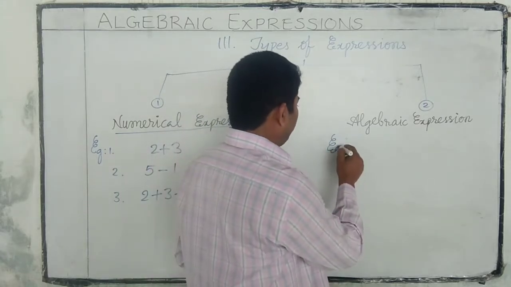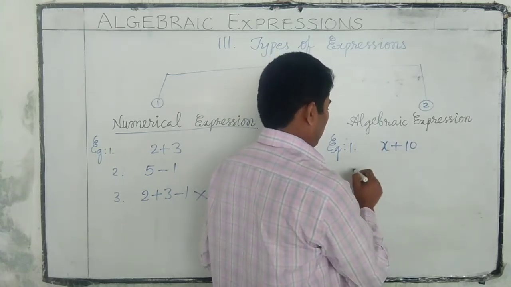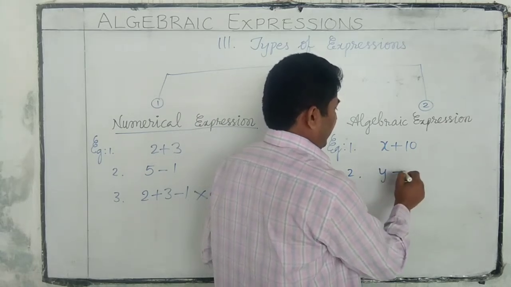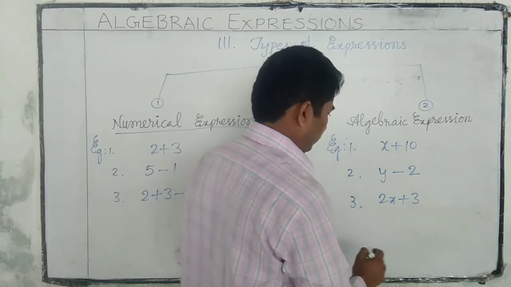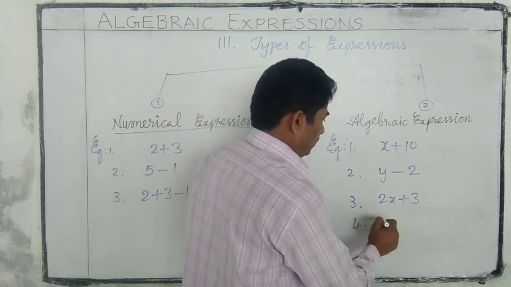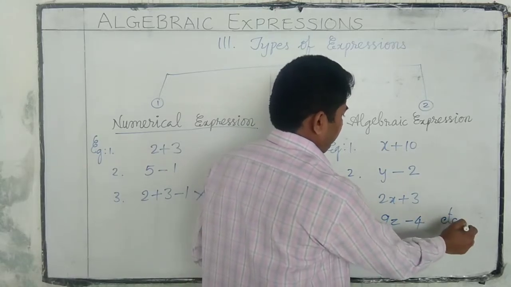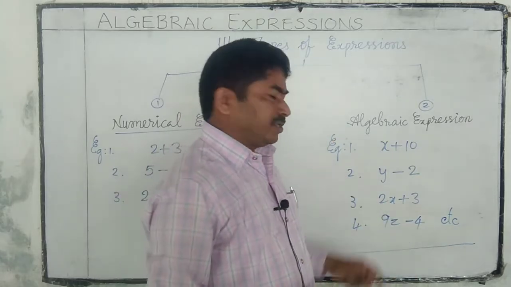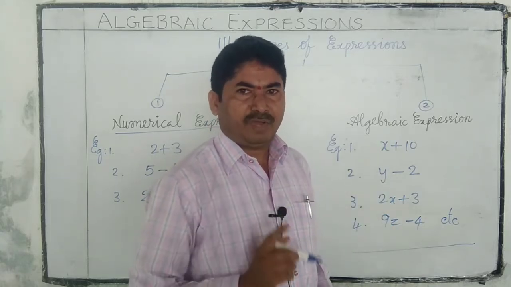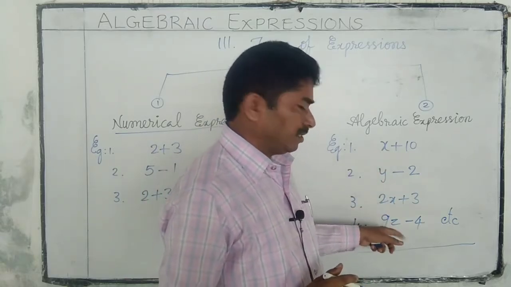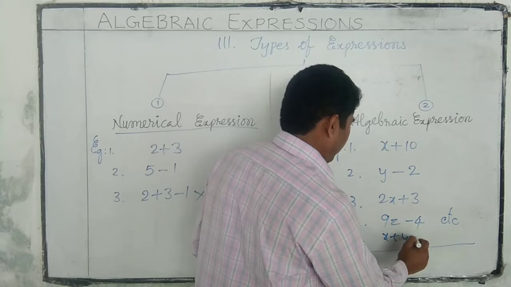Example, x plus 10, y minus 2, 2x plus 3, nine z minus 4, etc. In these expressions, each and every expression has at least one variable. x plus y minus z.